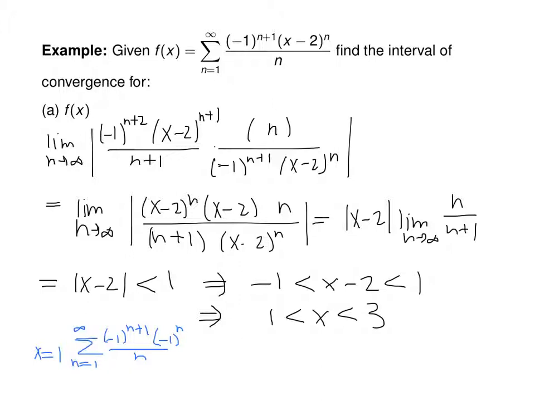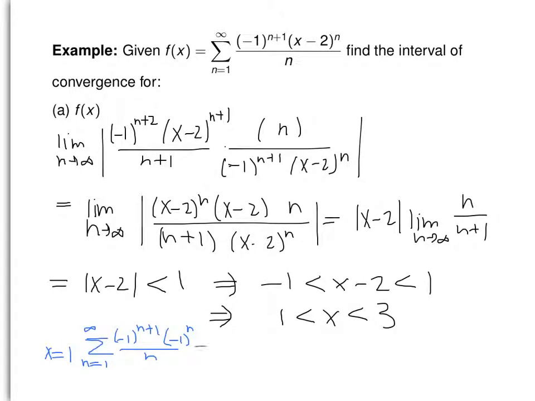When you start by plugging in a 1, you'll have negative 1 to the second times negative 1 to the first, giving the first term to be negative 1 over n. The second term, if you plug in 2, the first term has negative 1 cubed, second one negative 1 squared, so it'll still be negative 1. So this is actually equal to the sum from n equals 1 to infinity of negative 1 over n, which actually diverges.